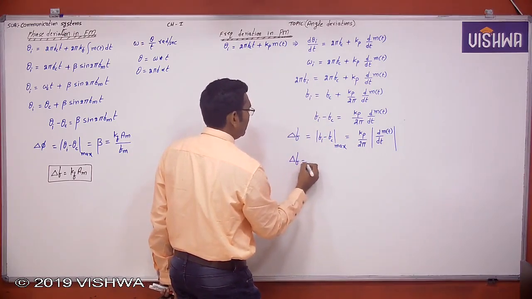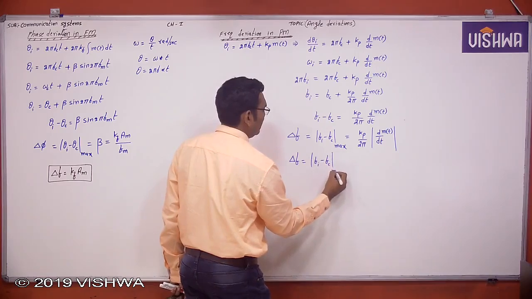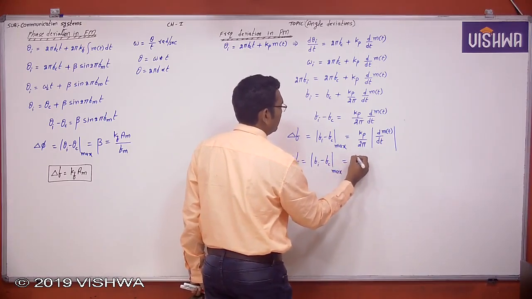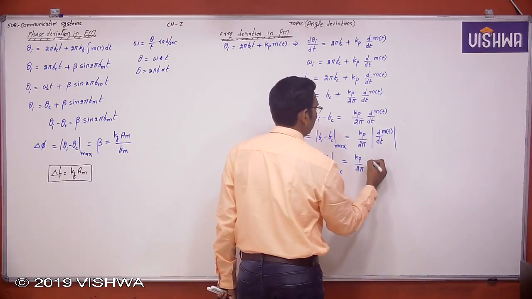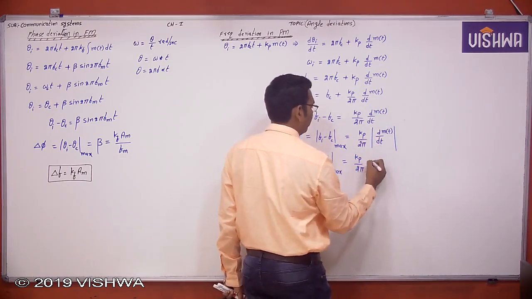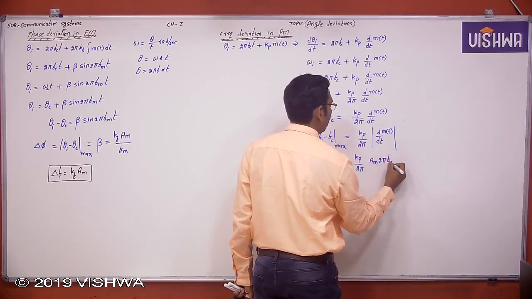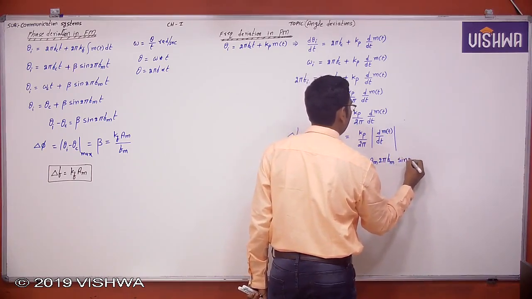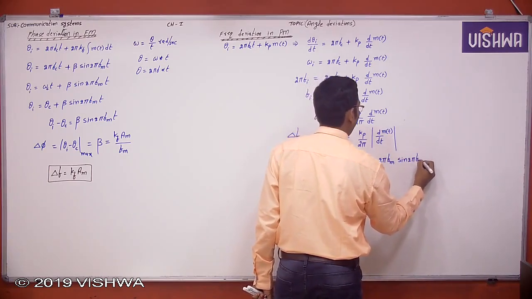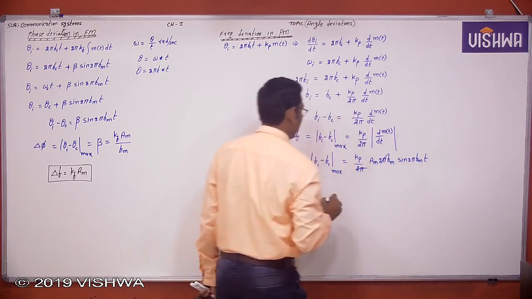Now the maximum frequency change, fi minus fc, is equal to kp by 2 pi into Am 2 pi fm into the differentiation of cos, which is sin 2 pi fm t. The 2 pi cancel.